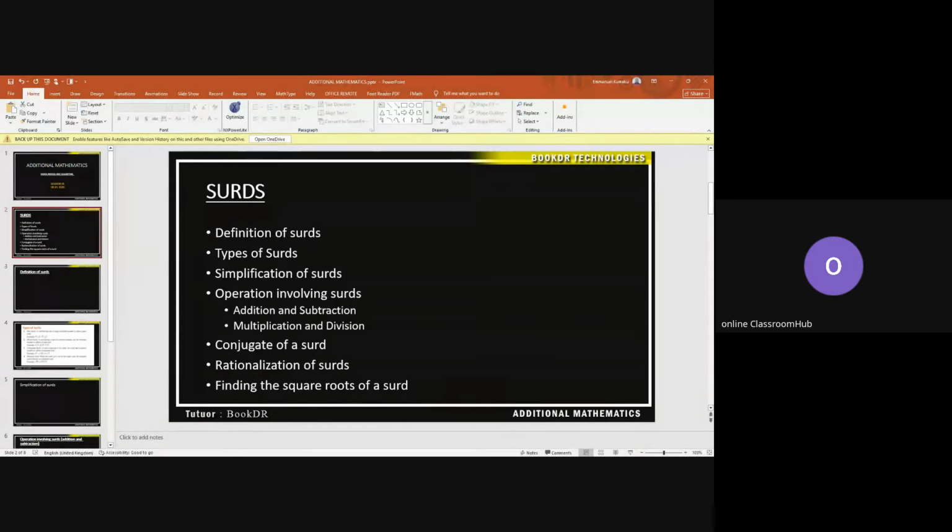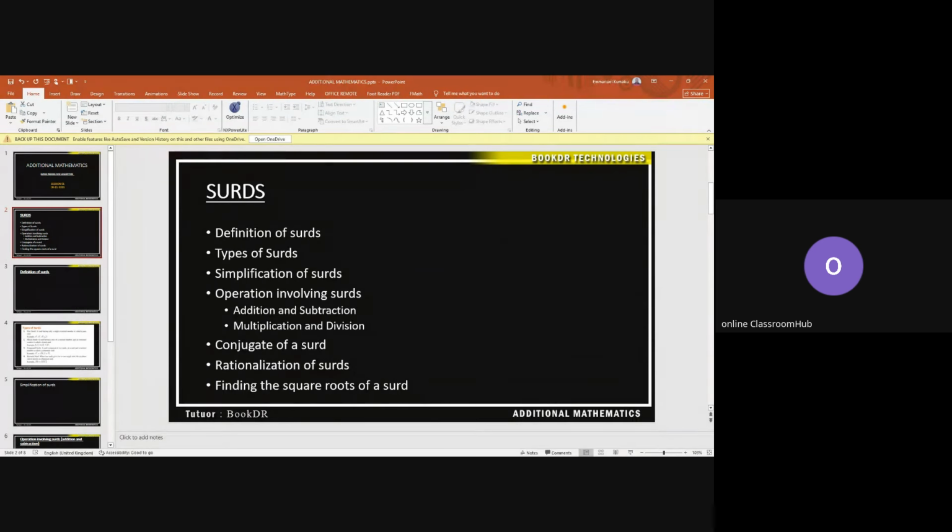So this is the outline of today's presentation. Let's hope that we shall be able to go through all of them. First, we'll look at the definition of surds. Then we'll look at types of surds. Then simplification of surds, how to simplify a surd into its simplest form.